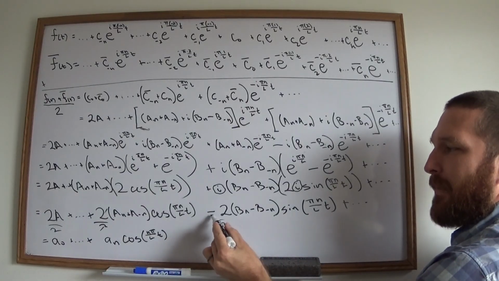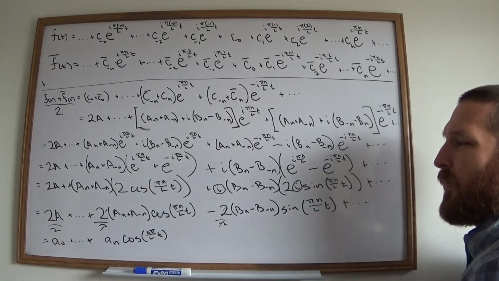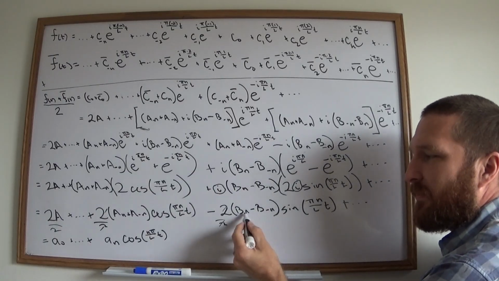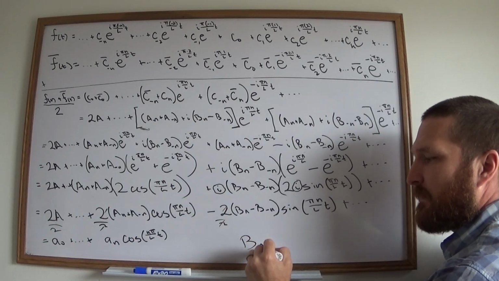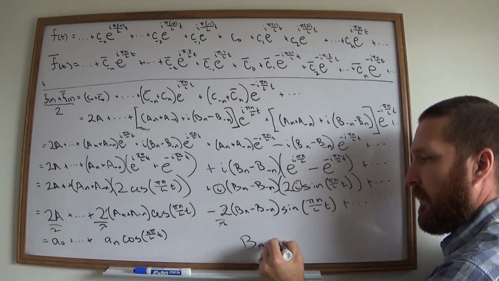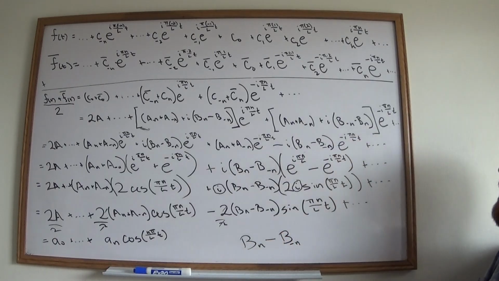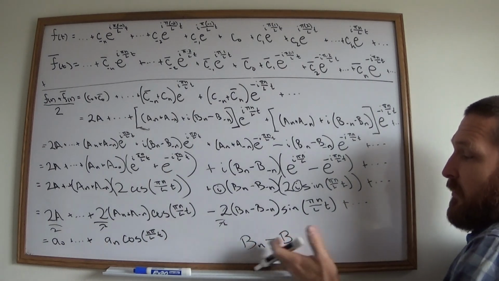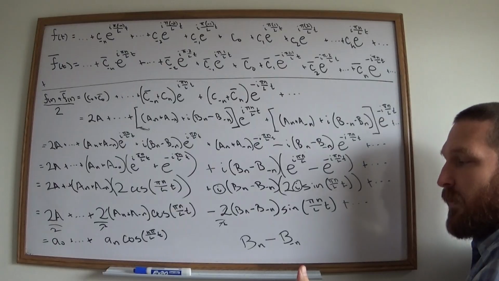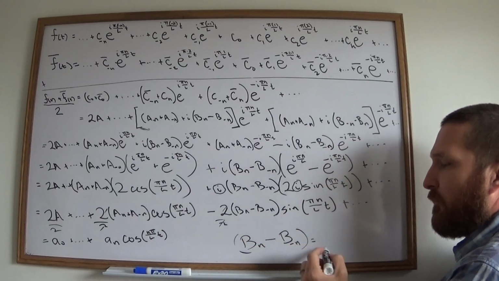Now this, it's a minus, yeah. Get rid of the 2 because we divide it out by the 2. We don't have to write it as minus because we don't know whether this thing is positive or negative. And so I'm going to say, well, whatever this number happens to be, there's my real number, b n. And I'm going to subtract off some other real number, b negative n, whatever it happens to be. It might be 5 and 7. It might be 403. So we don't know whether or not it's positive or negative, but in any case, whatever it works out to be, it's some real number.